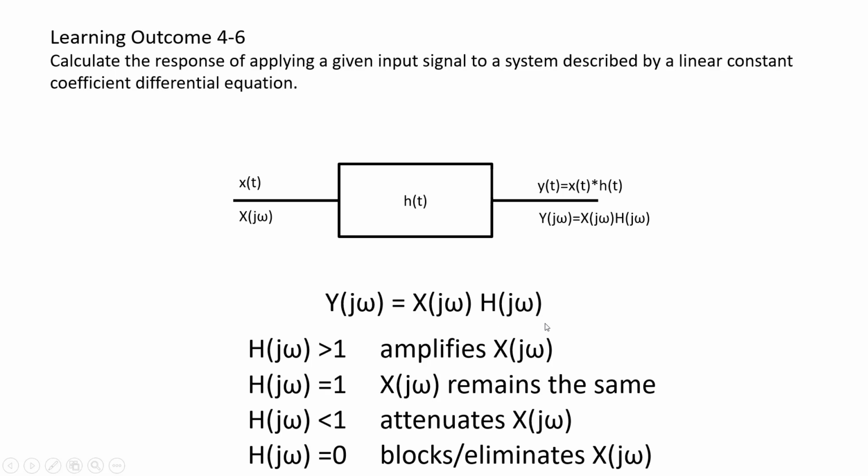And if our frequency response is 0, that means that nothing from our input is going to get to our output. Our output will be 0 regardless of our input. So our input is totally blocked or eliminated at those frequencies. This is the process of filtering, changing our input to our output depending on the frequency. It's like adjusting the bass and the treble in your car stereo.